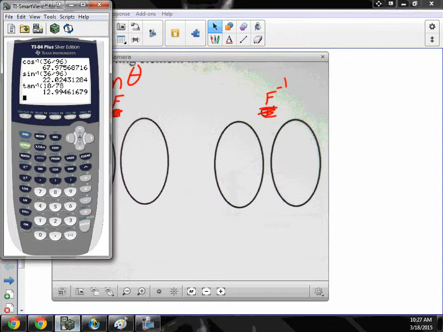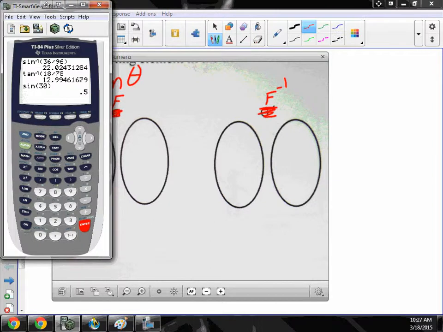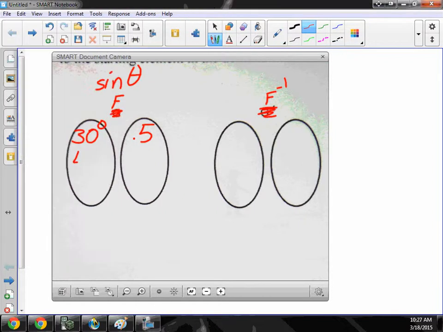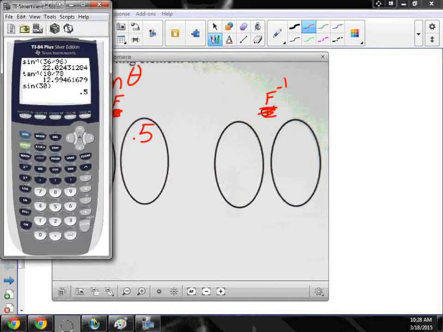In your calculator, type in the sine of 30, and you get 0.5. So over here, I have 0.5. Well, what about the sine of 45? The sine of 45 is 0.7.